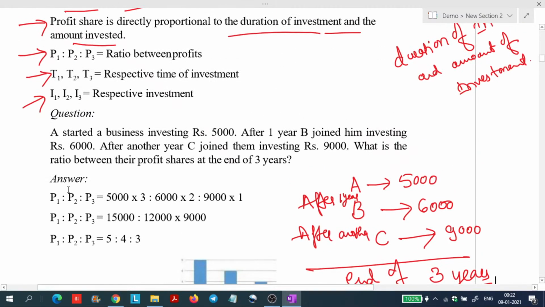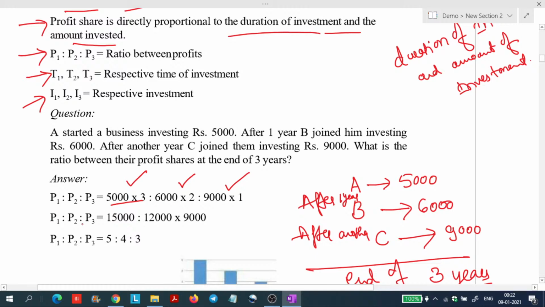A has 5,000 for a 3-year duration, because he invested initially, so 5,000 into 3. In the second year B joined with 6,000, so 6,000 into 2, and in the third year C joined with 9,000.